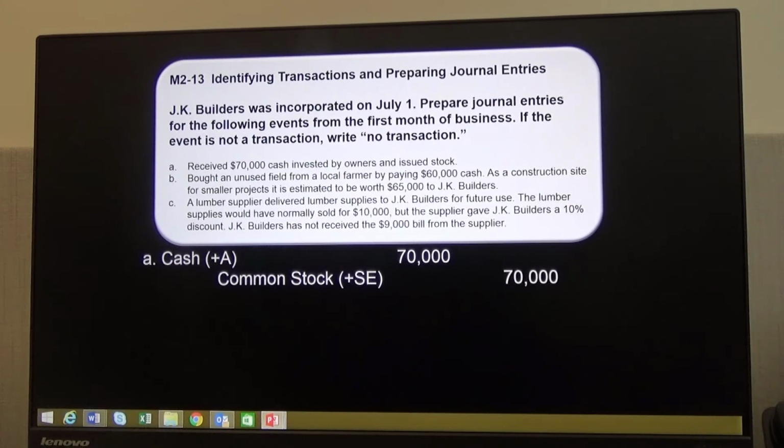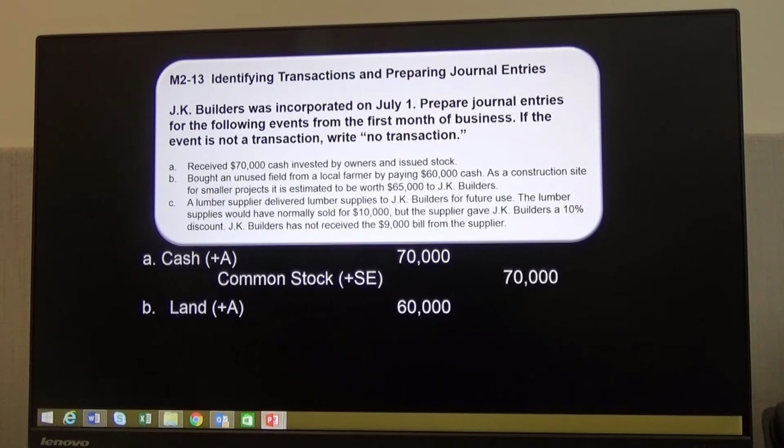The second one says we bought an unused field from a local farmer by paying $60,000 cash. Those are both assets, and so we know it is an accounting transaction. It says as a construction site for smaller projects, it's estimated to be worth $65,000 to JK Builders. Doesn't matter what it's worth to them, it matters what they paid for it. Since they paid $60,000 cash for it, that's what we're going to use as its value.